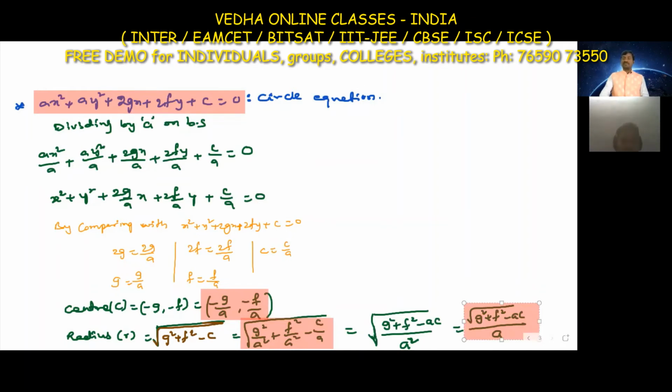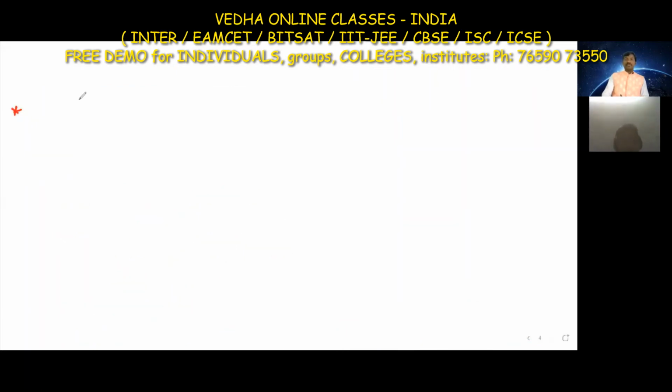This is another concept, whenever the x square and y square coefficients are not equal to 1 but they are equal to each other. Whenever we have the circle equation x square plus y square plus 2gx plus 2fy plus c equal to 0, this is the equation of the circle.